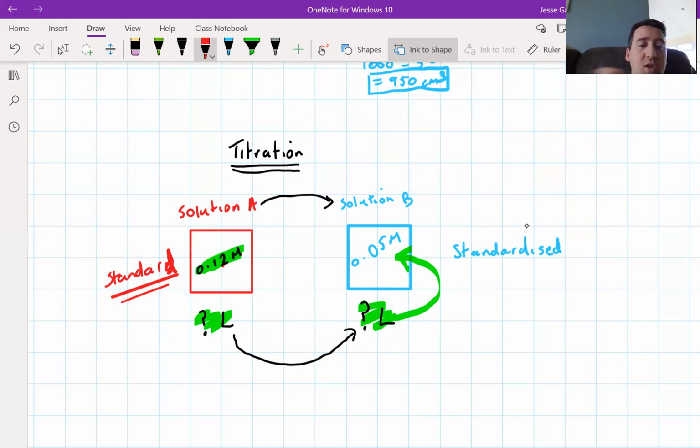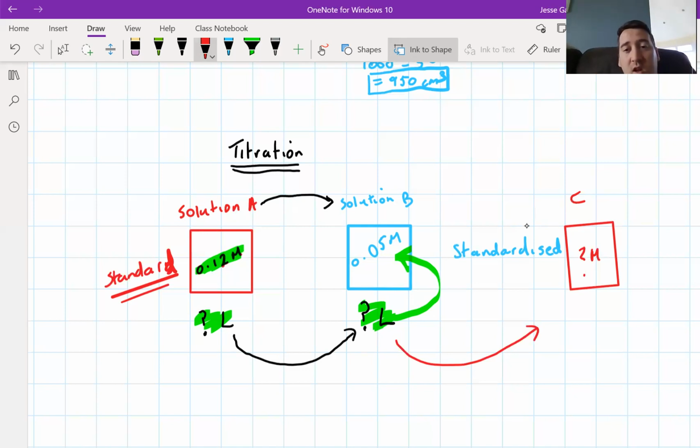Of course, you could then take solution B and do solution C. So you could have another unknown molar solution over here, solution C, and we could use B to find C, so long as it's a solution that reacts with B. And then we would standardize C. Again, it would become a little bit less accurate every time you do this, but it's still a very clever and intelligent way of doing this.